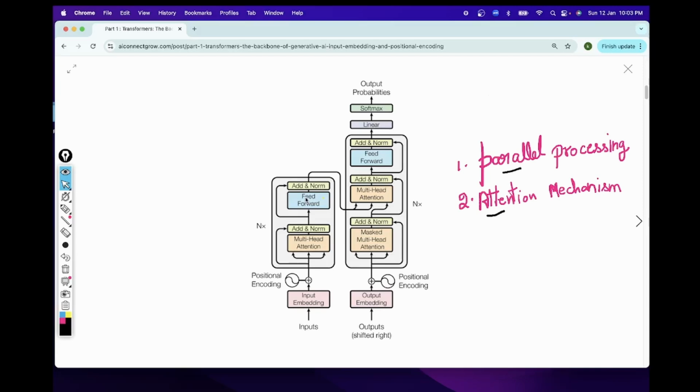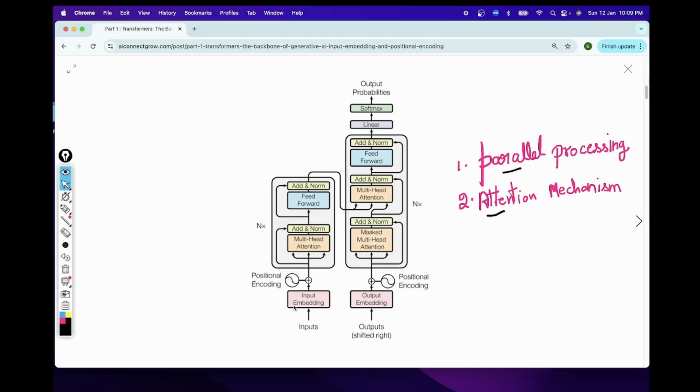Some of the models only make use of the encoder block. For example, BERT, which is primarily an encoder based model, is used to understand the contextual representation of the input text. And this can be fine tuned for specific tasks like classification, question answering, or named entity recognition.